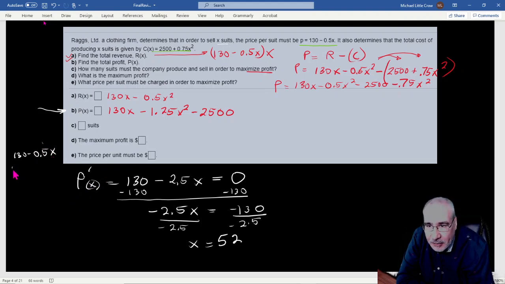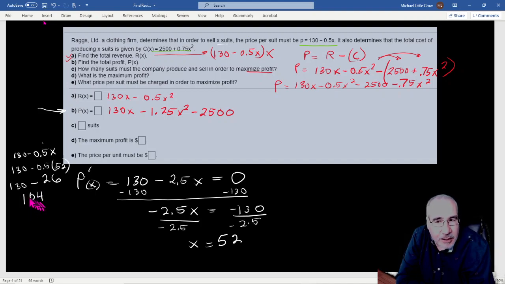We plug in 52. Half of 52 is 26, so 130 minus 26 is 104. That's the price we should charge for our suits to maximize our profit.